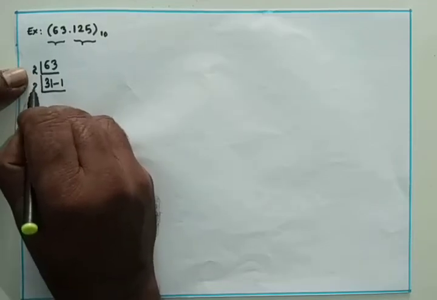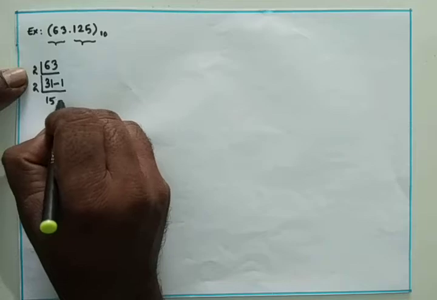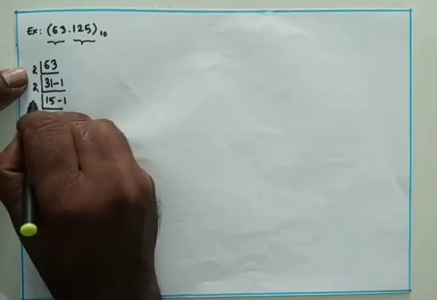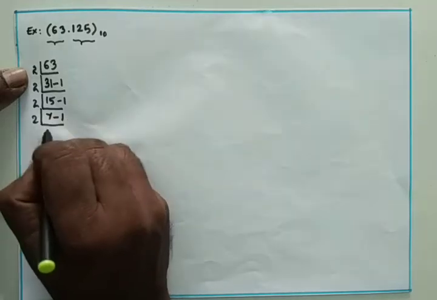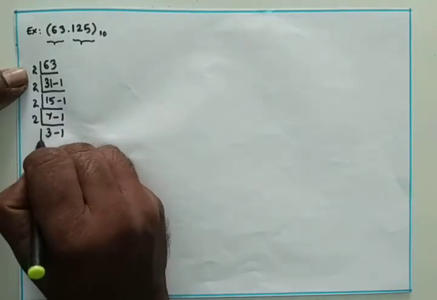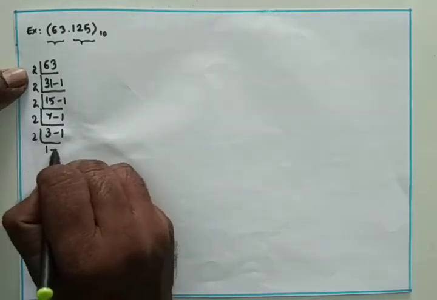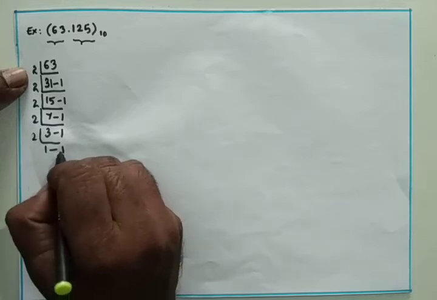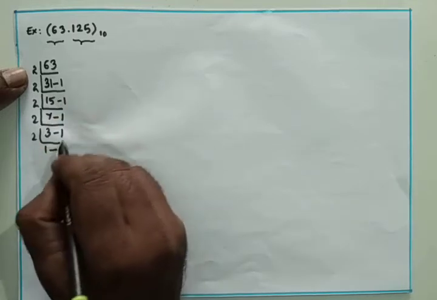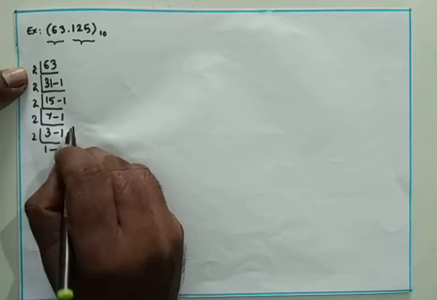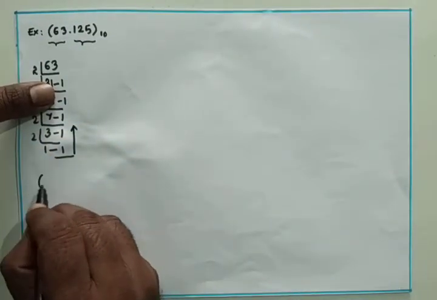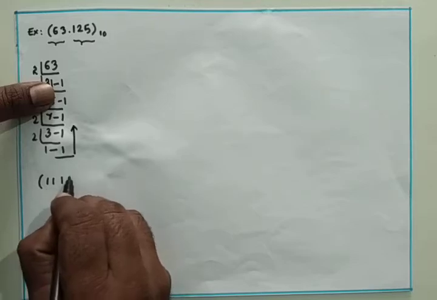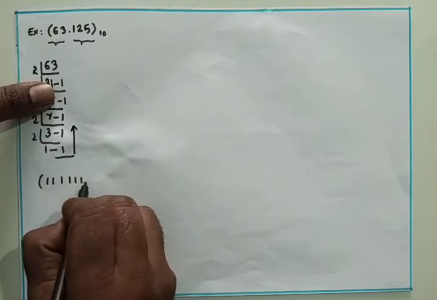Next one is 2 15, remainder 1. 2 7, remainder is 1. 2 3, remainder is 1. 2 1, remainder 1. How many ones did we get? 1 2 3 4 5 6. So in total 6 ones we got. For the integer part, what did we get? We got 1 2 3 4 5 6, point.